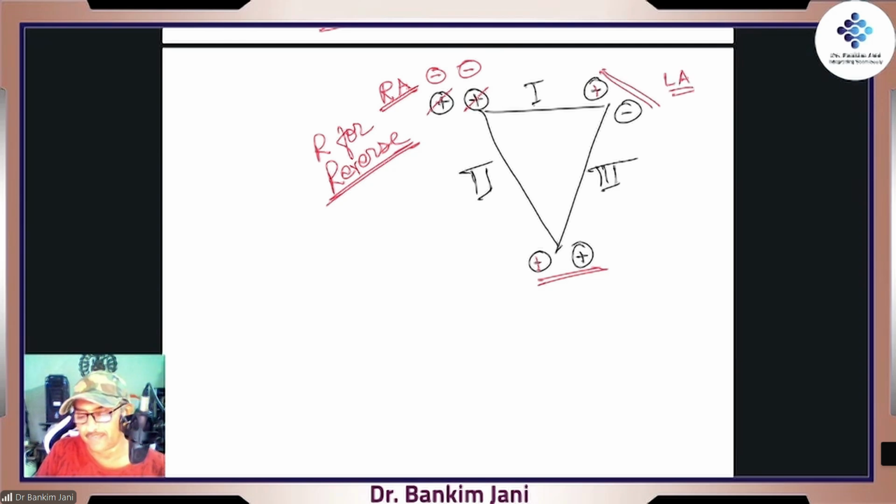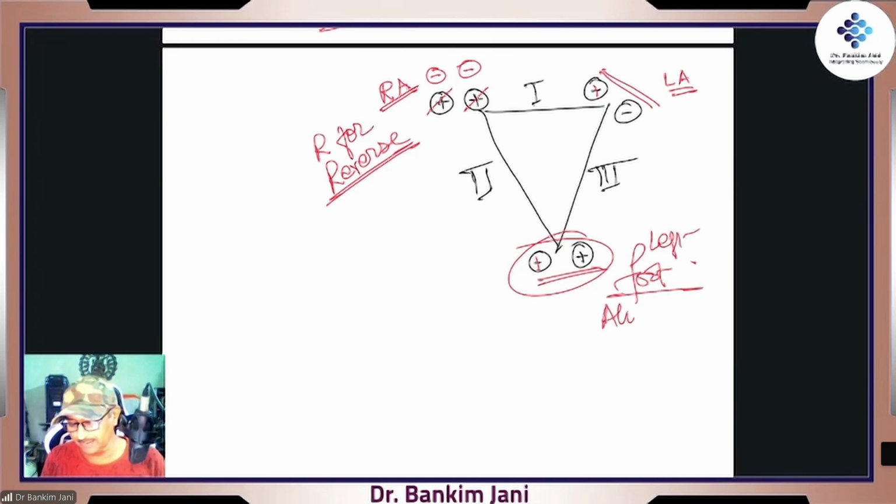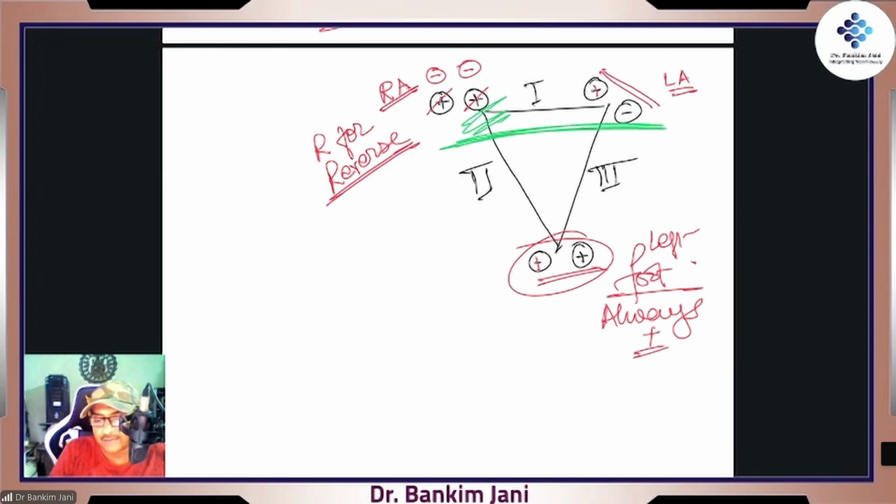Left foot, always plus. Good. But now in the case of the unipolar lead, what if you make both of them, this and this, negative, and you keep this positive, and then you record the signal.